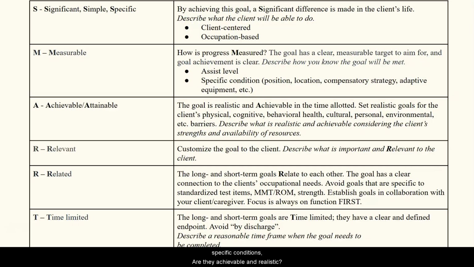Are they achievable and realistic? Are they relevant and customized to the client? Are the goals related to each other? So you might have 5 long-term goals, and each short-term goal you write needs to be related to that specific long-term goal. And how long will it take them to meet that goal? And by discharge is not cool. Do not tell me by discharge.